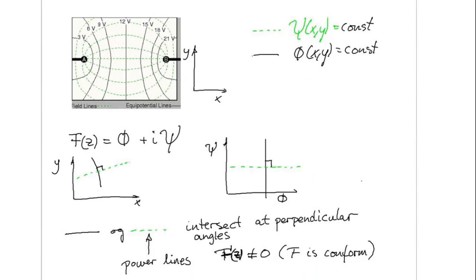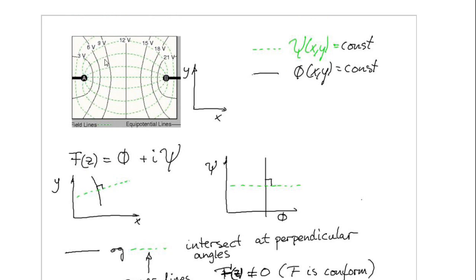Let's just illustrate some properties of this complex potential. Here we see some solid lines where the function phi is constant. These green lines are lines illustrating the movement of small electrical particles inside this electric field.